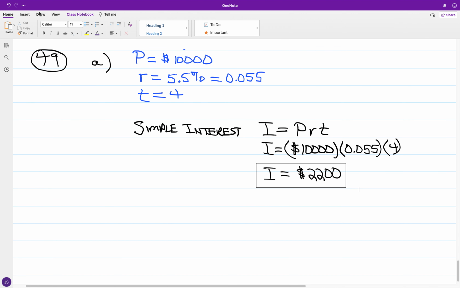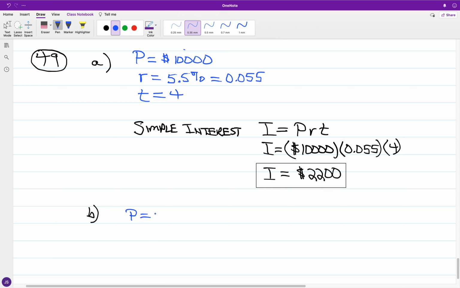Now, for the other plan, in Part B, the setup is that you had the same amount financed, so we have $10,000.